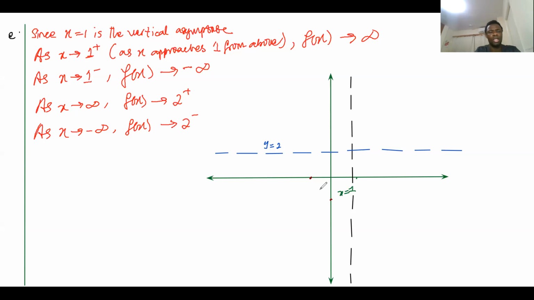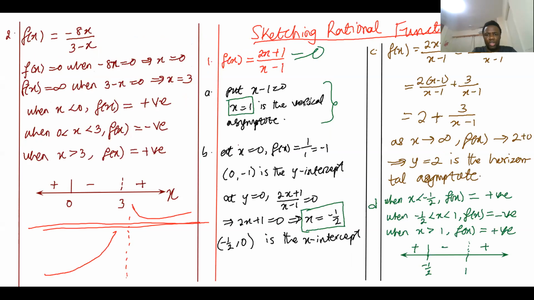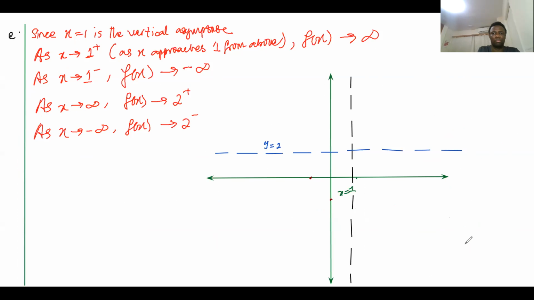Okay. Then let's look at what else we have. We've made use of this. We've made use of this. Okay, this is in the behavior, so there's no need to do it twice. This also was used in the behavior, so let's come to the behavior. When this curve approaches 1 from above, as x approaches 1 from above, the curve is at the top.